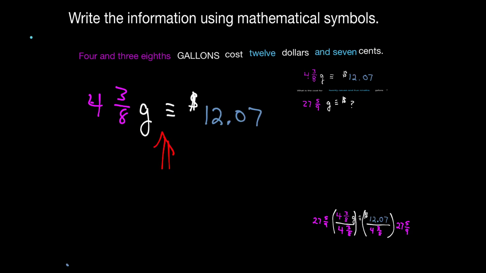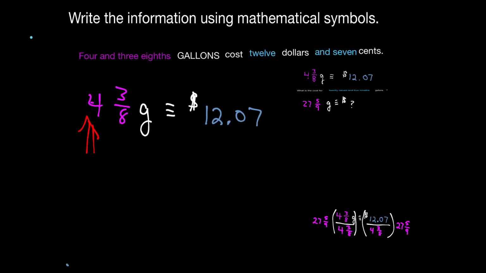Let's look at this information again and see what we can write down, where we're only going to write down what math we have to do and then do the arithmetic at the very end. I'm also not going to round anything off until the very end. This way we'll get a more exact answer about how much we should pay for 27 5/9 gallons.